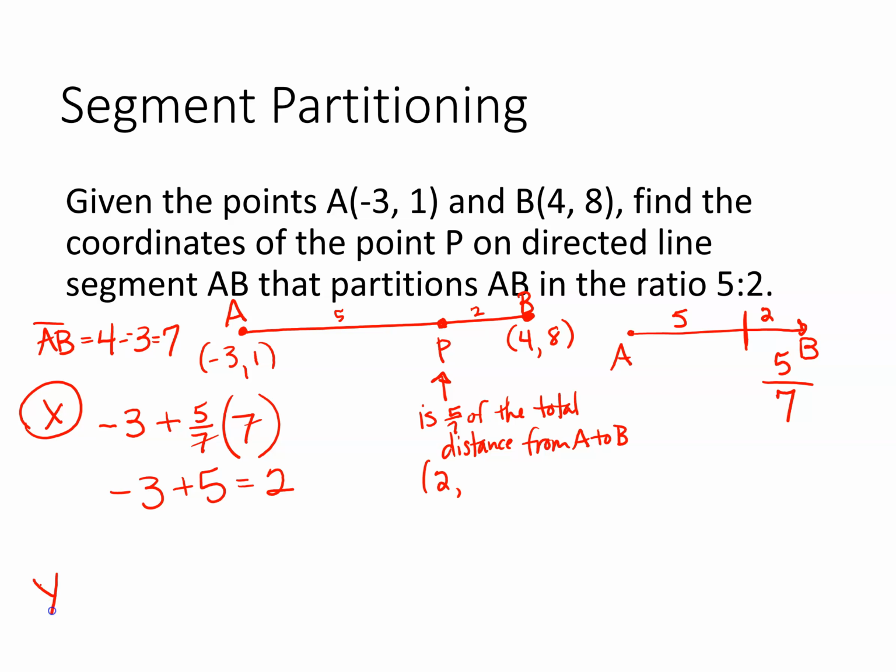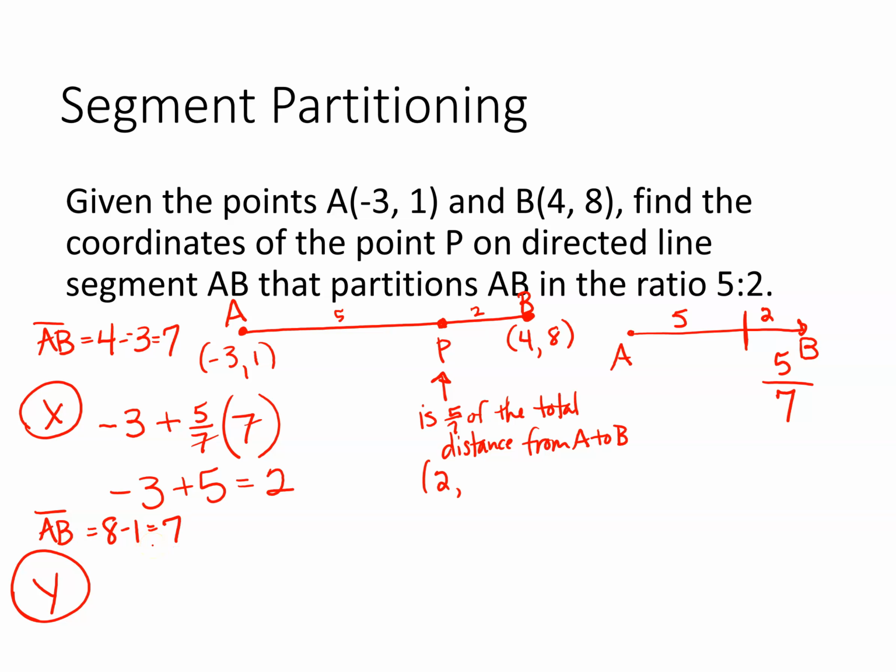All right, and then the y. Same idea. We're going to need the total distance for AB for y. Well, y goes from 8 to 1. 8 minus 1 is 7, so it's also 7.